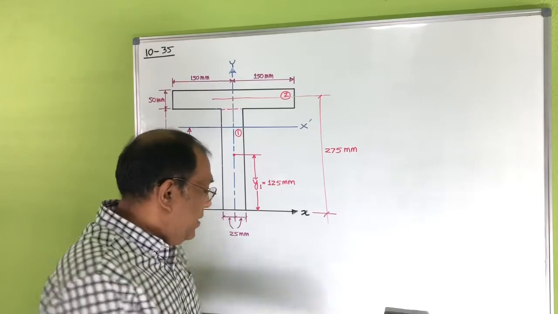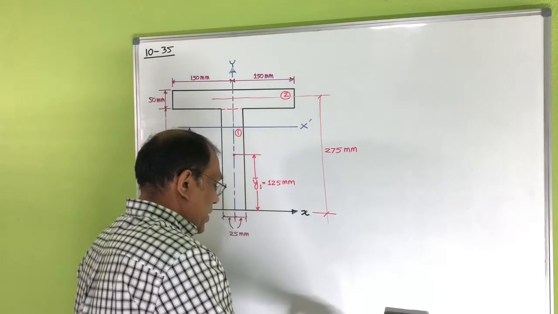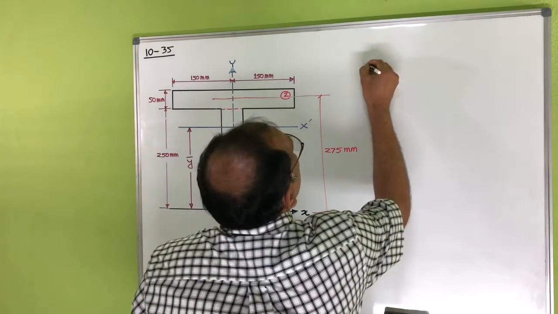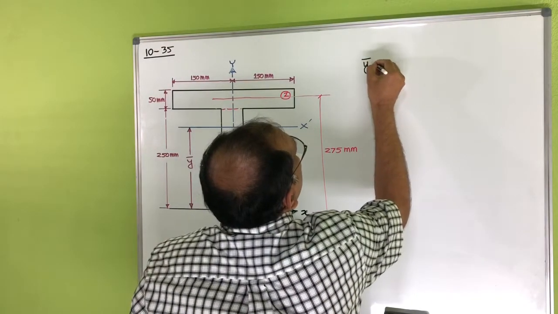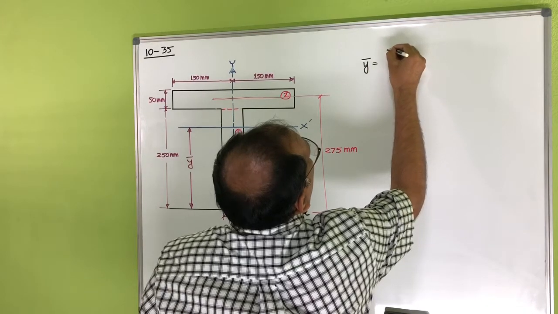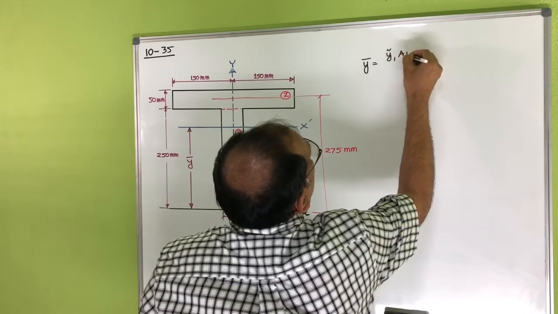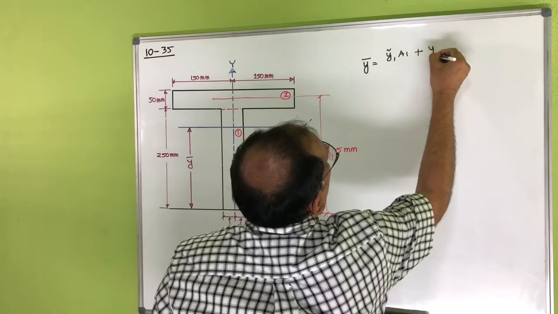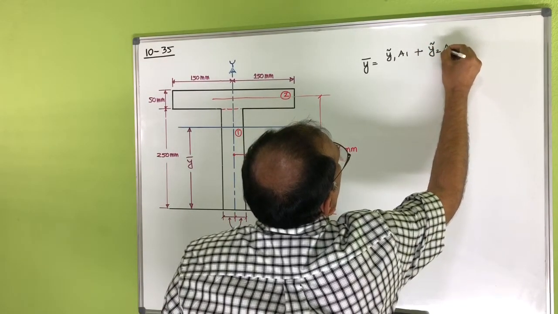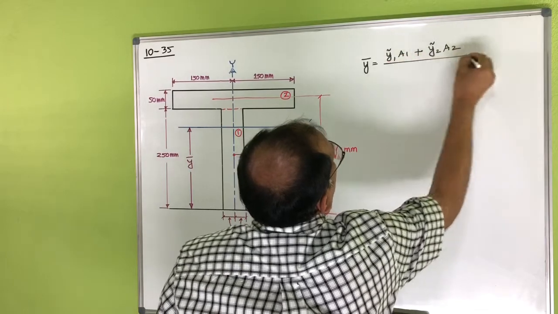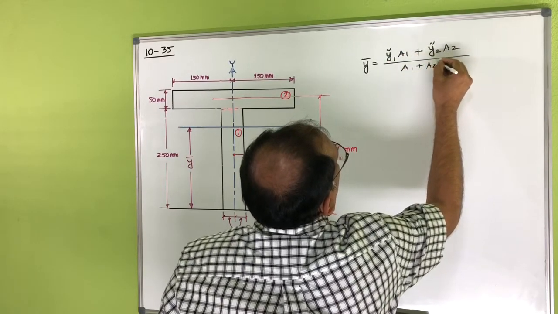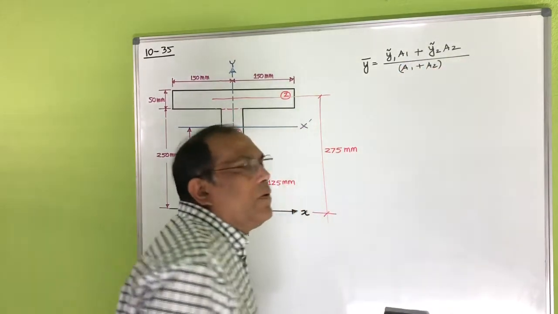Okay, so if I want to find my y bar here, then y bar would be y1 a1 plus y2 a2 divided by a1 plus a2, right?